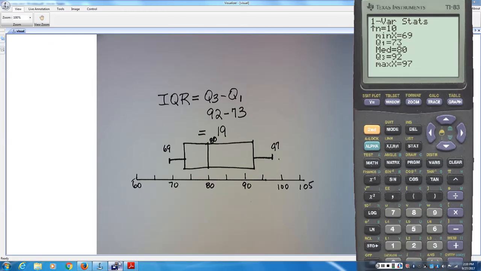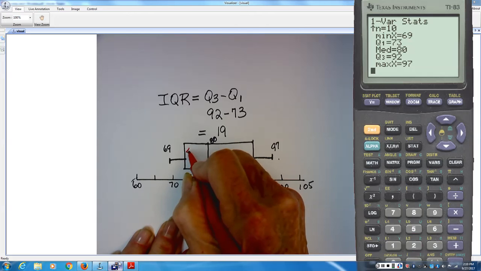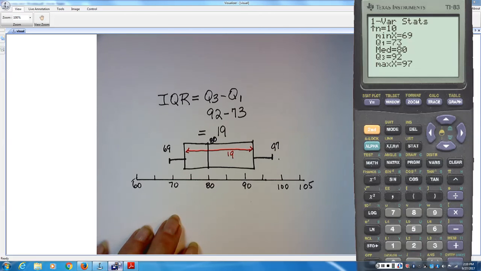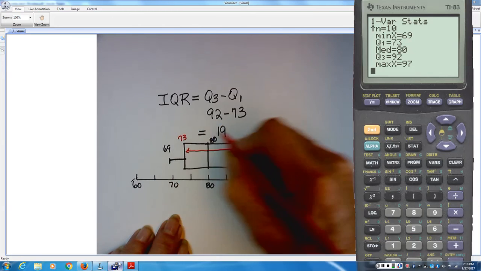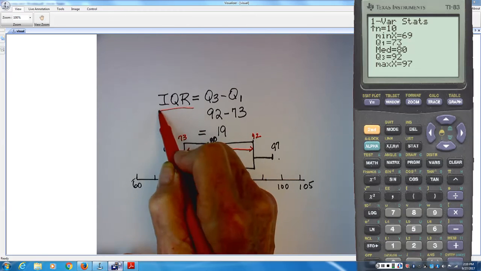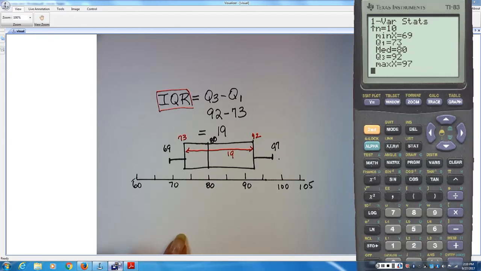That 19 tells you how wide the box is. It's the width of the box. The box goes from 73 to 92. That's what IQR tells you. Now when it says see if there's any outliers, this is what it wants you to do.